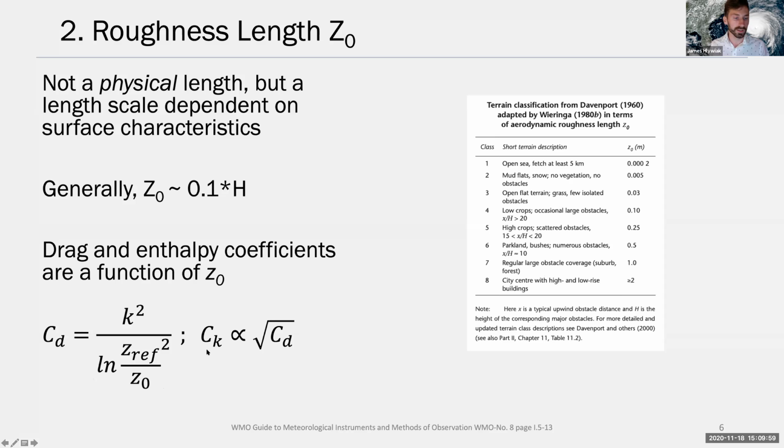C_K is also proportional to the square root of C_D. So as you increase z_0, you're also increasing the efficiency of the flux transfer of heat and moisture, however to a smaller degree per increase in z_0 than you would increase the drag coefficient. So there's some cancellation between the two effects, but for the most part, increasing z_0 is more harmful for a hurricane.